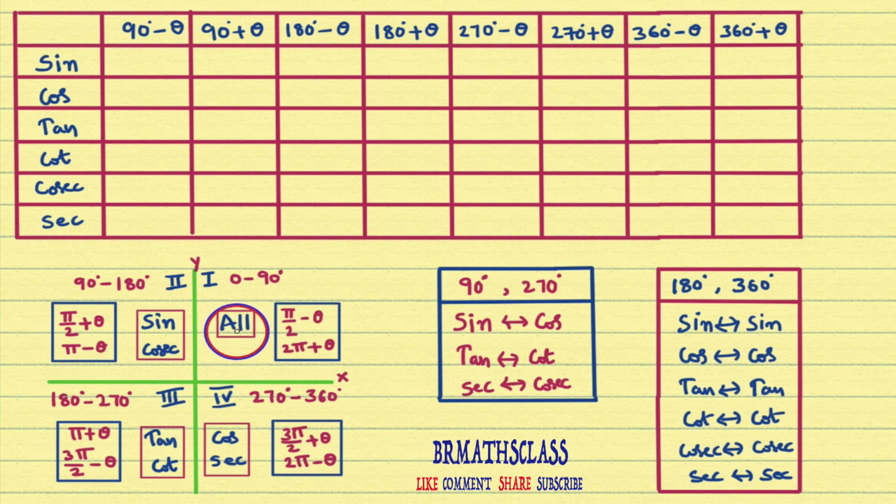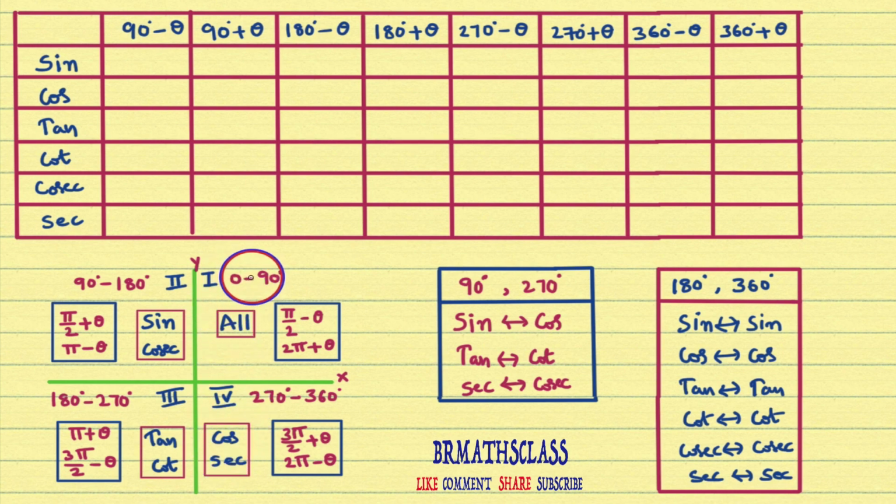In the first quadrant, all trigonometric functions are positive. In the second quadrant, sine and cosec are positive; the remaining functions are negative. In the third quadrant, tan and cot are positive; the remaining are negative. In the fourth quadrant, cos and secant are positive; the remaining are negative.